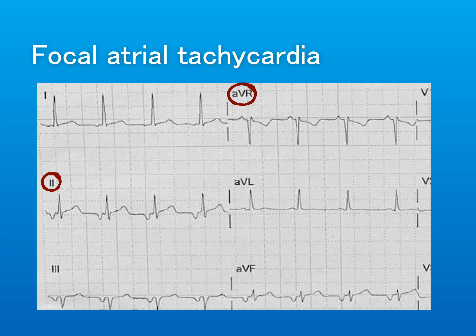So in this case, we can actually see a negative P wave in lead 2, which is abnormal, positive in AVR, again abnormal, and there are also negative P waves in the inferior leads. So this makes you think that the actual focus that's depolarizing the atria is closer to the AV junction because it's depolarizing the atria in the opposite direction, inferior to superior.